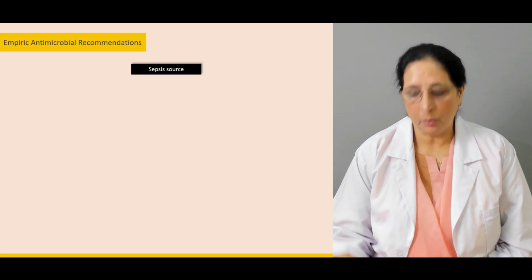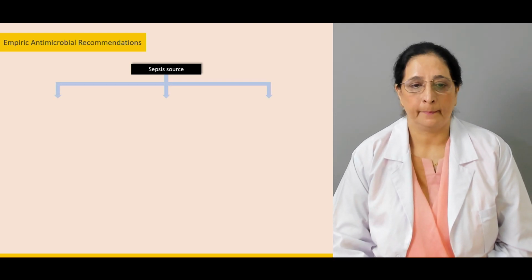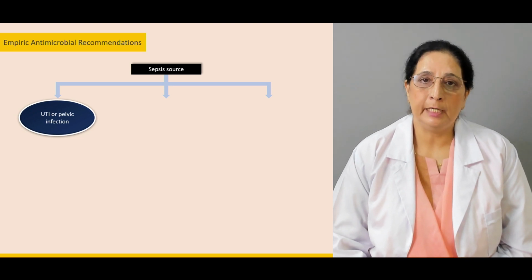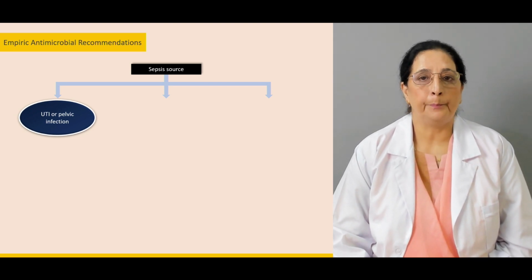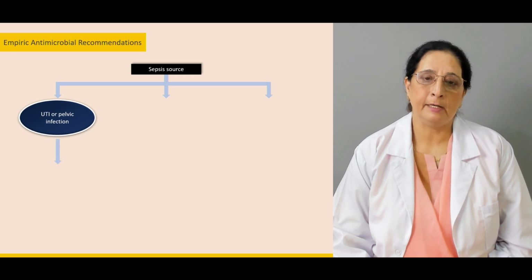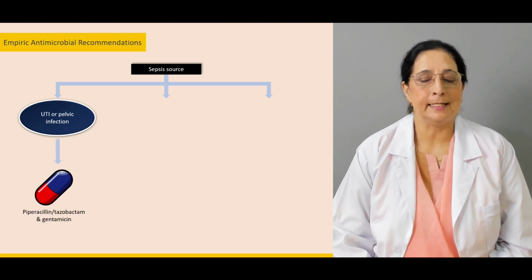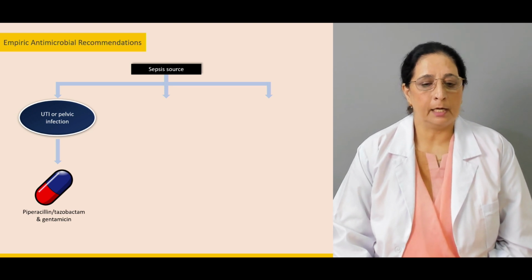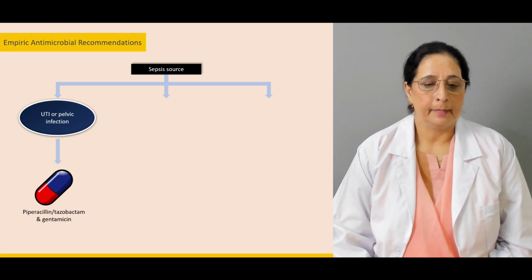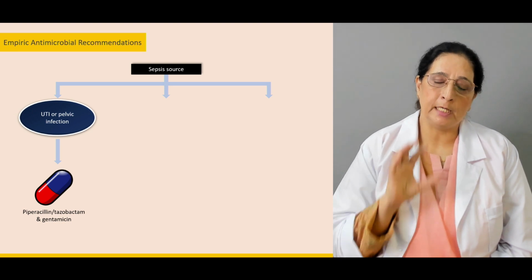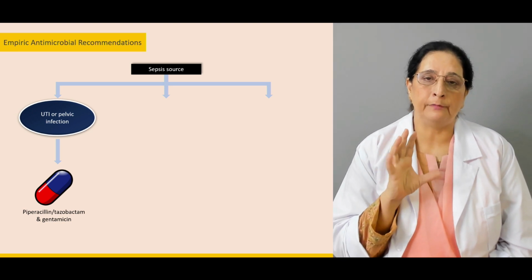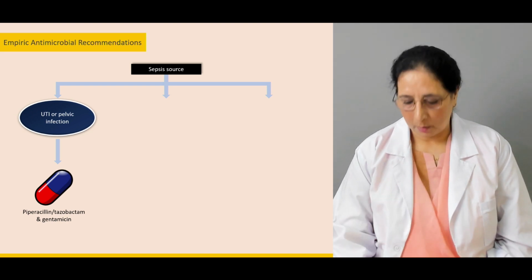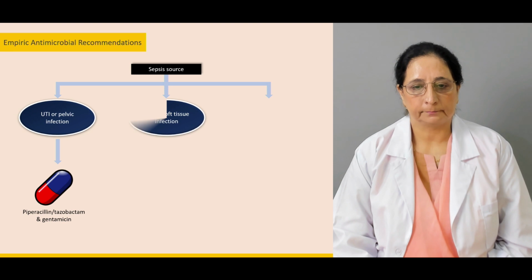Now, if we know the sepsis source, if it is from a urinary tract infection or pelvic infection, we should treat it with piperacillin and tazobactam and gentamicin. So these are the drugs of choice if the source is urinary tract infection or pelvic infection.